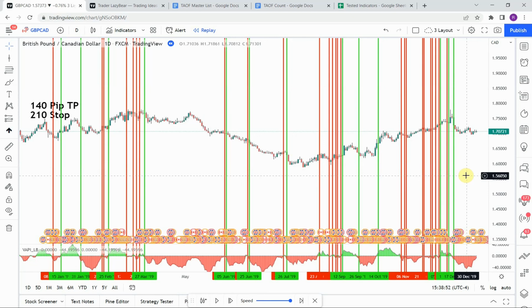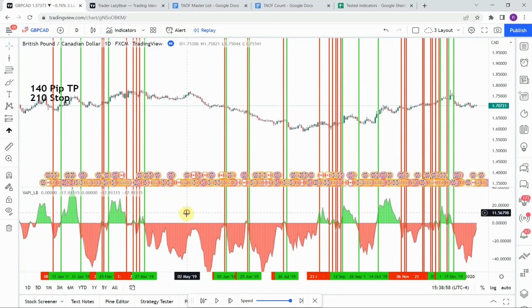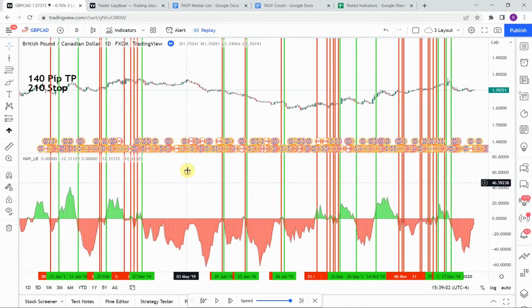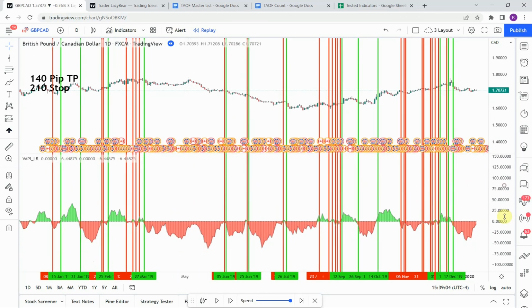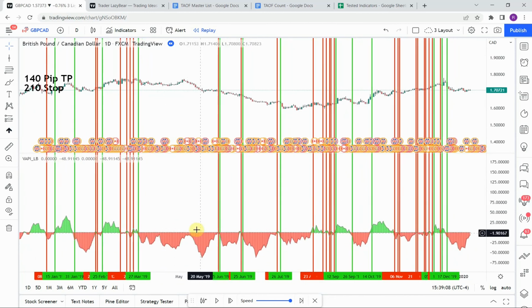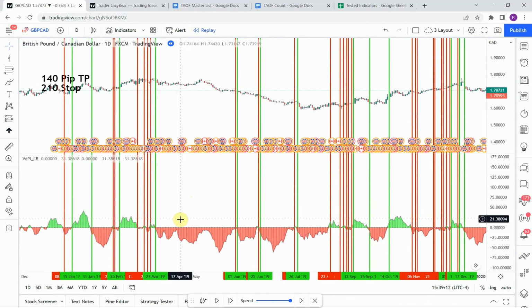I think the biggest issue with this indicator is that because it is a zero line cross, we've seen this many times before, and I've commented on it so many times. I'm sure you regular viewers are probably sick of hearing it, but because it is a zero line cross, it doesn't give any kind of room for consolidation.